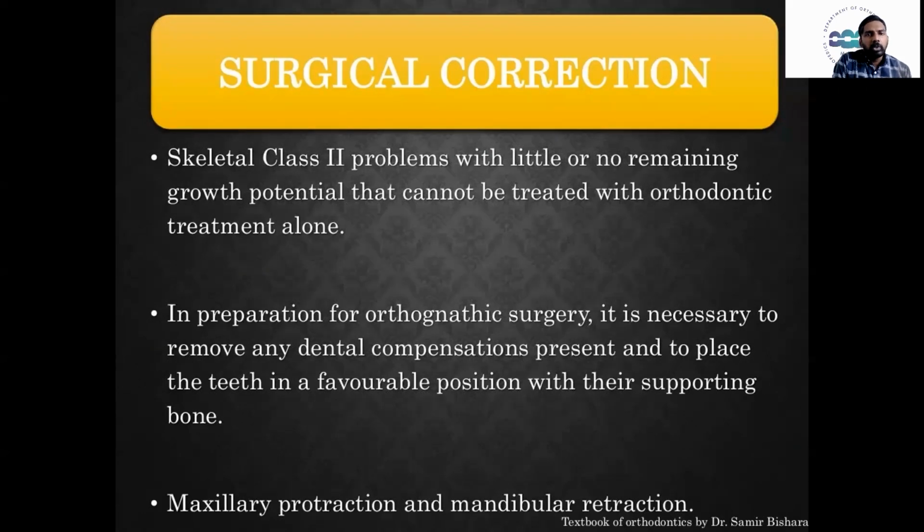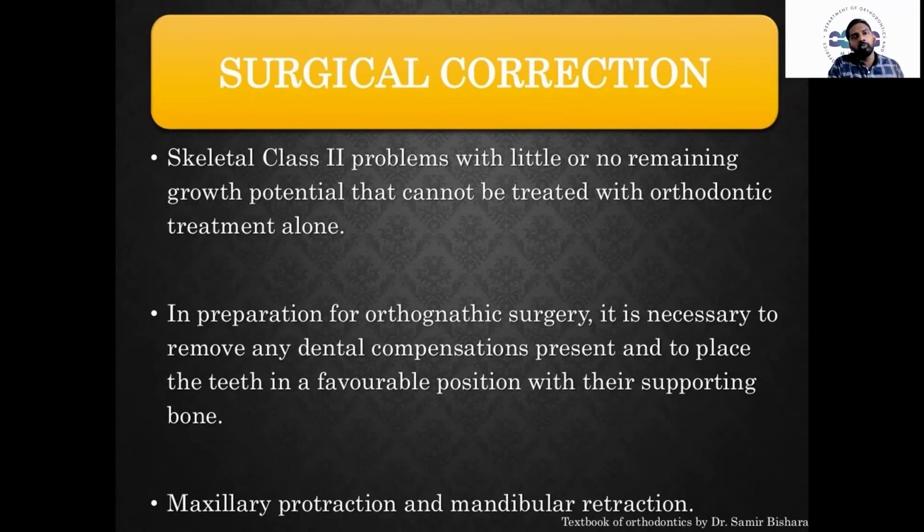In case of the mandible, we can go for advancement of the mandible with BSSO, the bilateral sagittal split osteotomy with advancement. As we know, surgical treatment always goes hand in hand with orthodontic treatment. First we do pre-surgical orthodontic treatment, then surgery is done, then post-surgical orthodontic treatment.